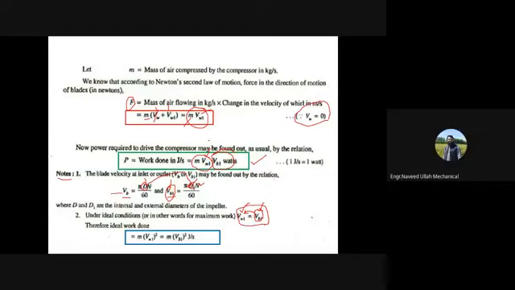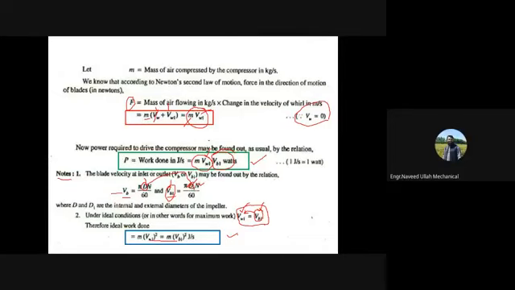So the ideal work will be equal to m dot VW1 squared, or in place of VW1 you can also write VB1, the blade velocity at exit. If you want to find the maximum work, you can use this simple relationship.